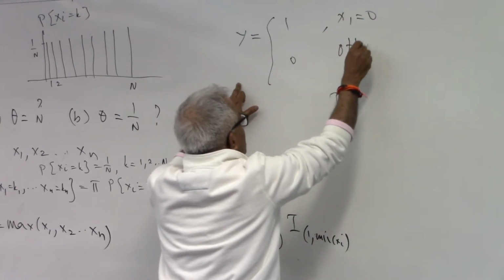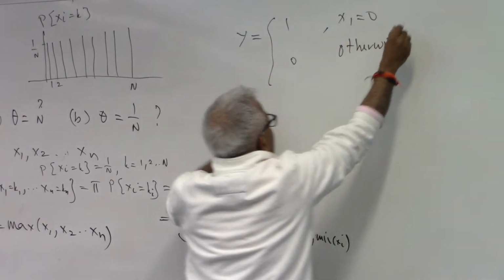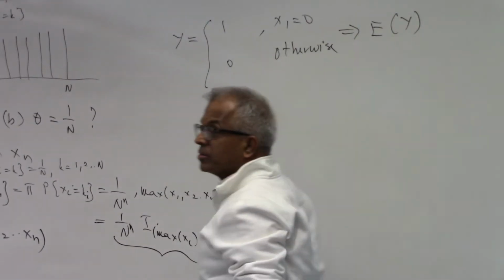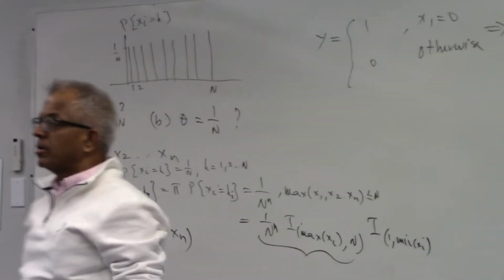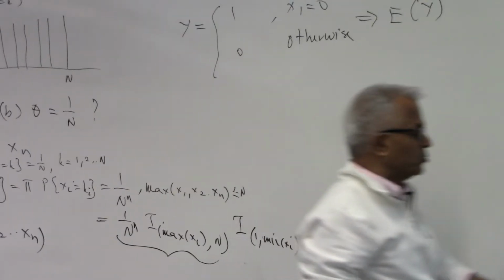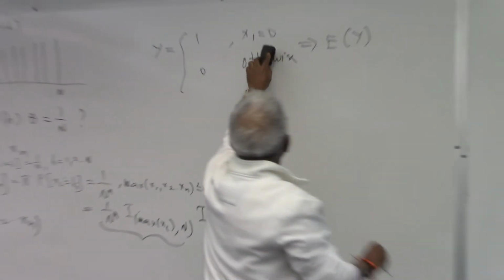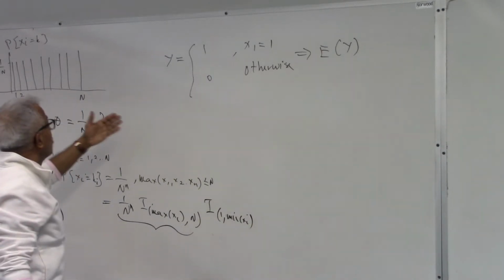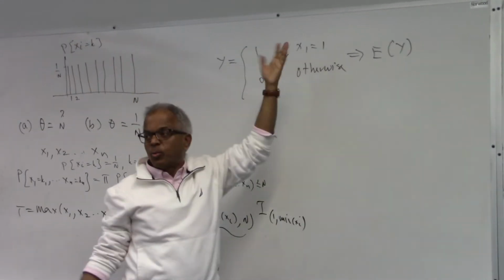What is the expected value of y? So all it says is that if x1 happens to be 1, remember x1 only goes from 1 through n, then we'll assign y to be 1.